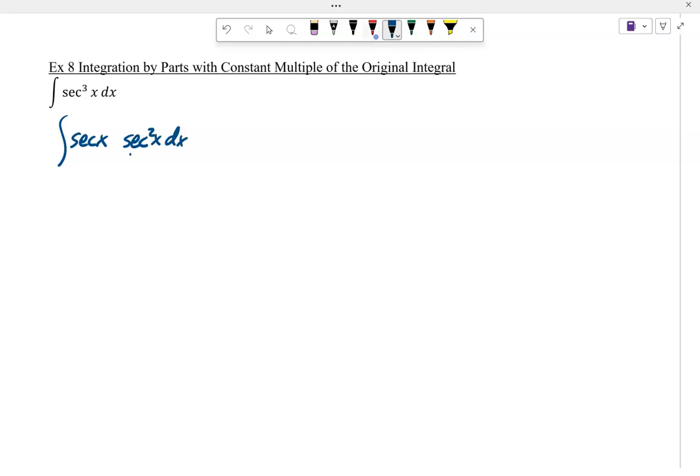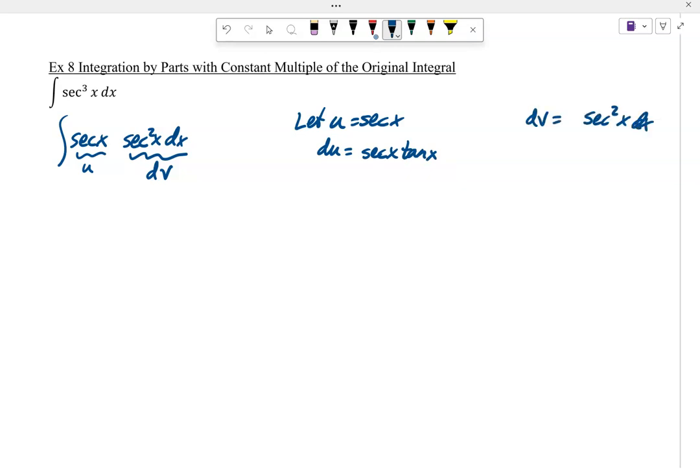And that's because I have an integral formula for the secant squared, and I can also take the derivative of the secant, right? So that's what I'm going to do: I'm going to let u be the secant, and I'm going to take that derivative, and so I get secant tangent. And then I'm going to say, well, dv is secant squared, and I'm going to integrate that.